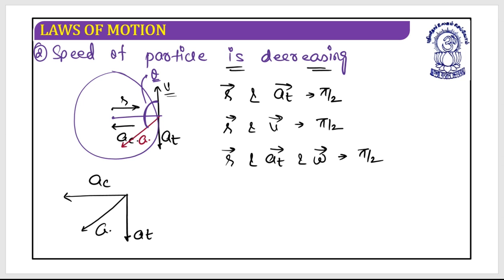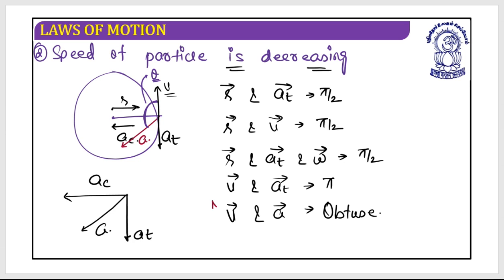Even you can add V as well. Now V and AT, this is required. This V and AT, yes, they are at pi degree. They are at pi degree. And very important, V and A, it is somewhat obtuse.